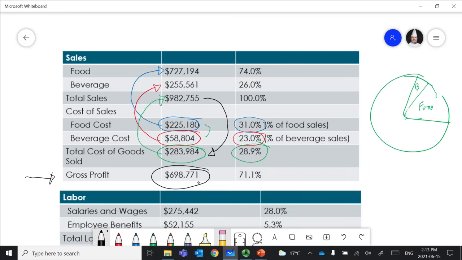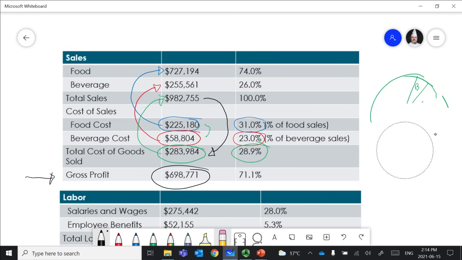And again, we're going to take this calculation, $698,771 divided by 982,755, to find out what percentage of this pie that's left, 71.1%, is our gross profit, right? Now, if we were to take our total cost of goods and add our gross profit together, then we get our 100% for the whole pie.